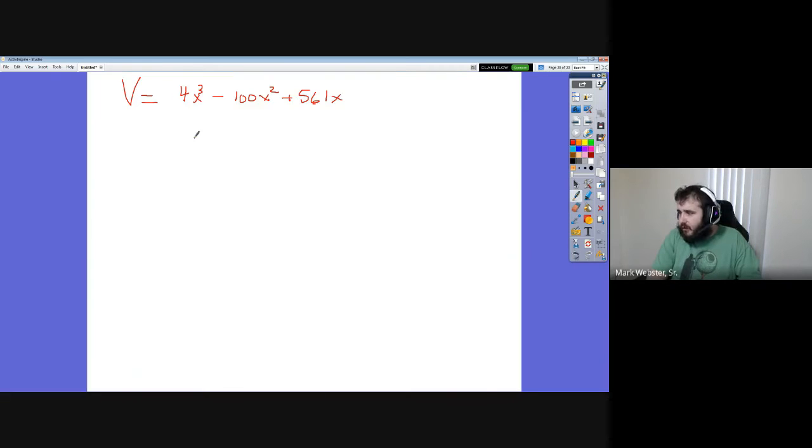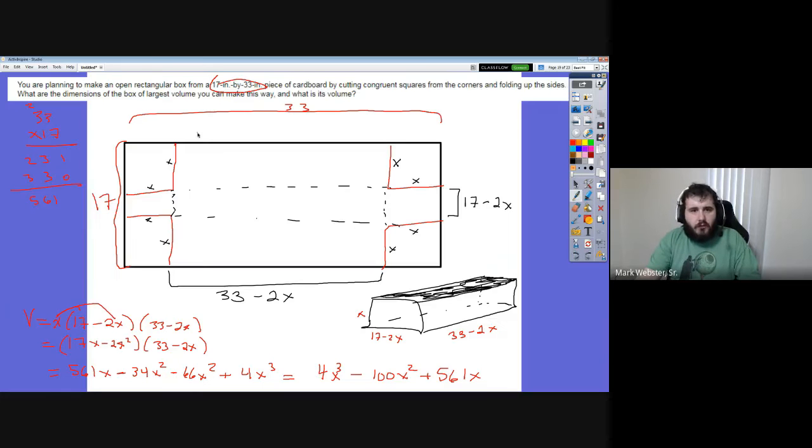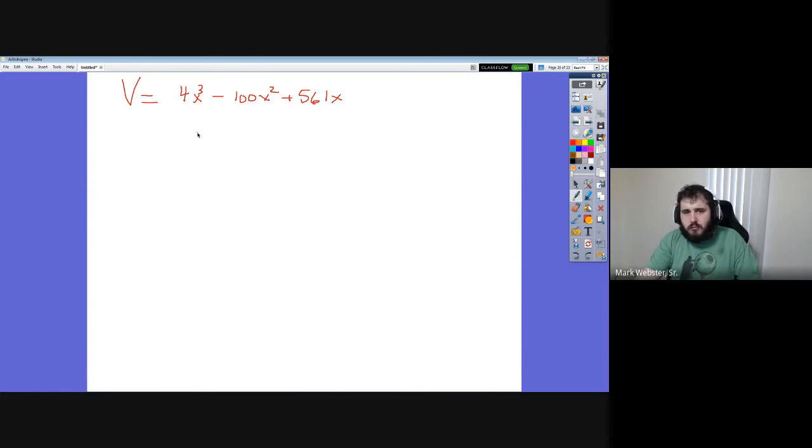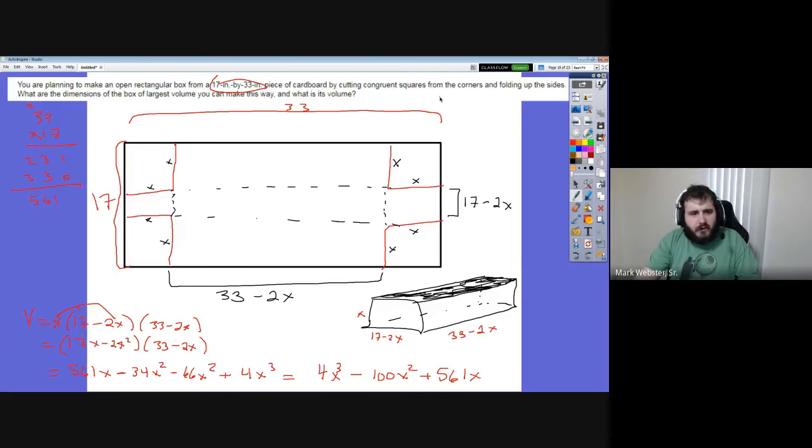And they said they want the largest volume. So we're going to go through and figure out what's what. We're going to take the derivative: 12x squared minus 200x plus 561. And they had to do it that way, didn't they? 561, is that really right? 33 times 17.